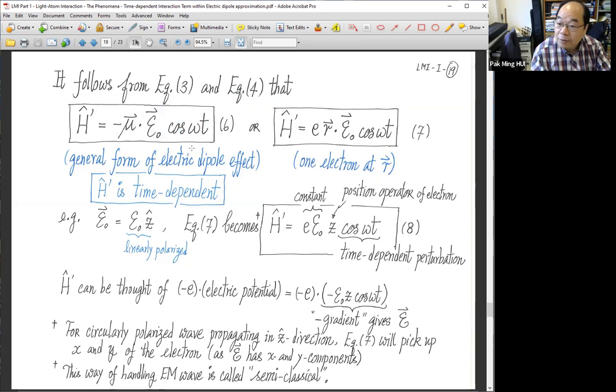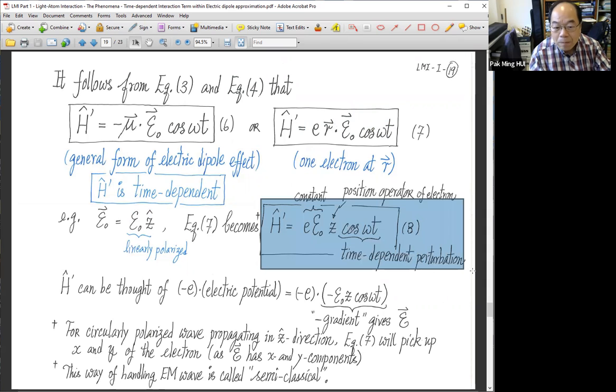Now, more explicitly for a single electron situation, this is minus E times the position of the electron. Then we can think about the linearly polarized situation, and write this as an amplitude times E z. Therefore, this is a form that we will work on rather extensively on later pages.